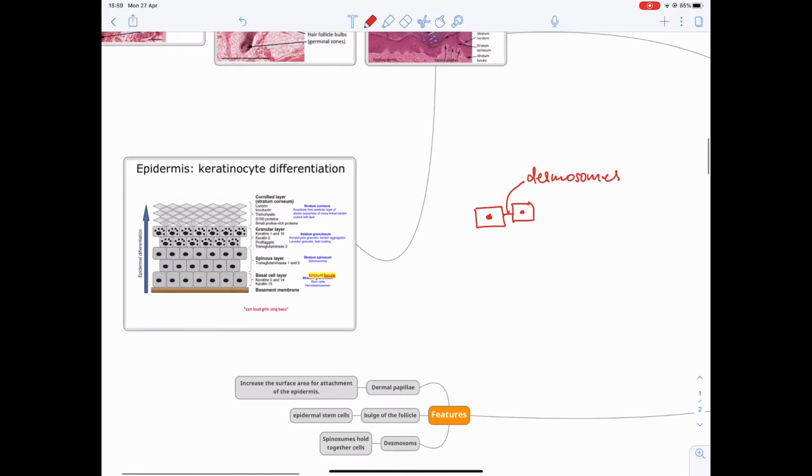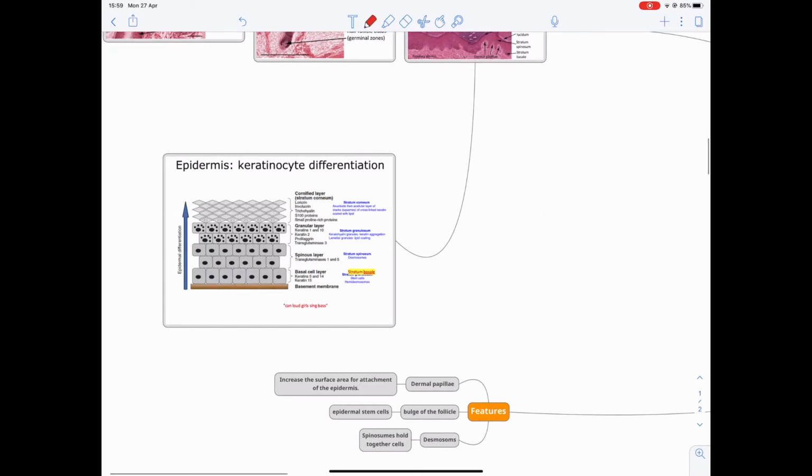And when they're preparing these slides for histology, these cells shrink, and these sort of spines that connect cells become more apparent, giving it a spinous appearance. And as we said, this is the majority of the cells that exist in the skin.